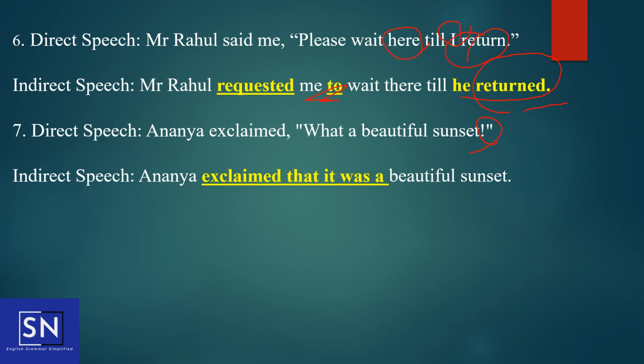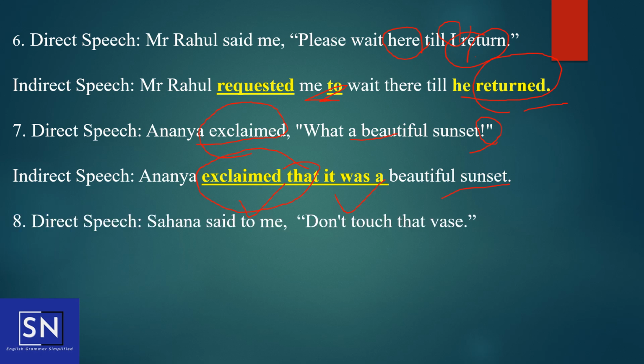So it's an exclamatory sentence. For an exclamatory sentence, the reporting verb is exclaimed that. Exclaimed that it was a beautiful sunset. You should change it into an assertive sentence. So, Ananya exclaimed that it was a beautiful sunset.